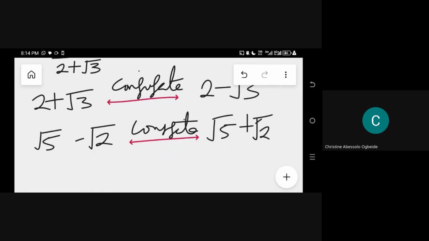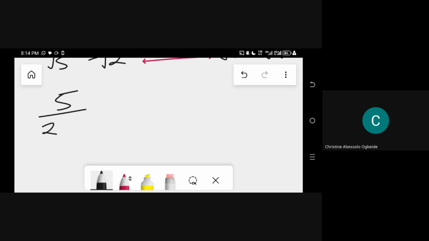Now let's come back to this 5 over 2 plus root 3. To rationalize this, we have to multiply the top and the bottom by the conjugate. That's the numerator and the denominator. That means the conjugate of the denominator, do not forget.